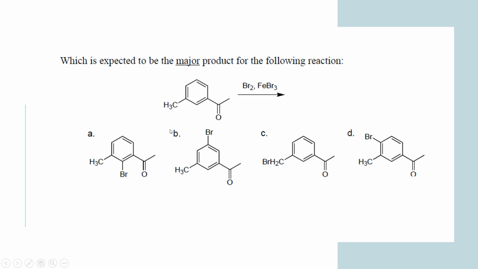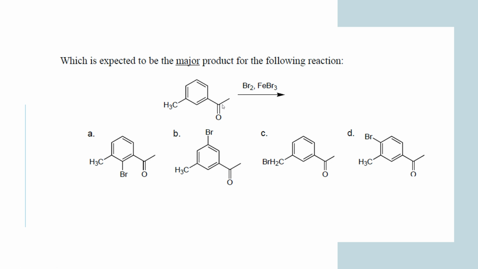Whereas this methyl group, being an alkyl substituent, has electron donating effect to the benzene ring. Both of these two have different directing effect. Alkyl is ortho-para-directing, whereas this keto group is meta-directing.